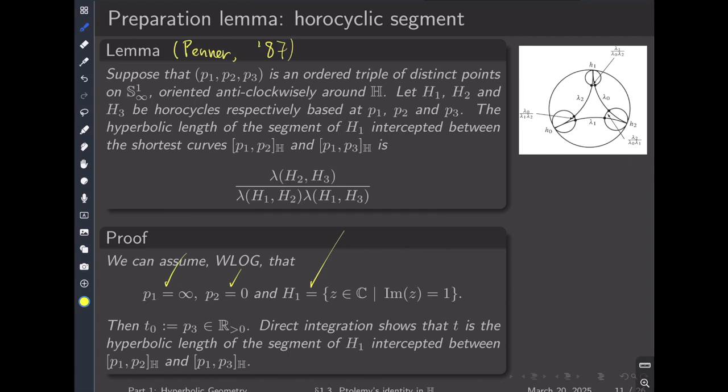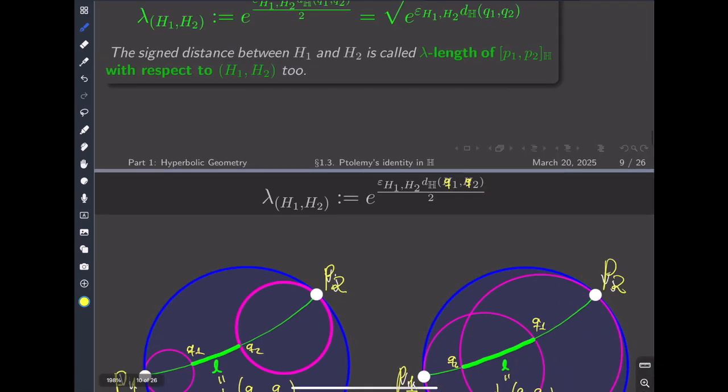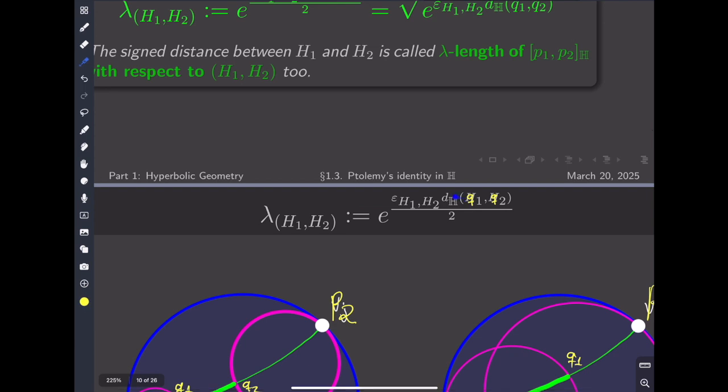Of course, I'm already using that the signed distance between two horocycles does not change, that it is invariant under PSL2R, but that's clear, right? And if they cross, their images will cross under whatever transformation, and this distance will be precisely preserved.